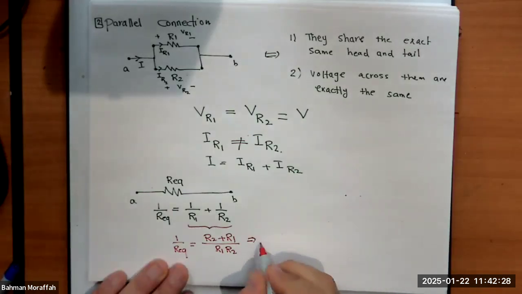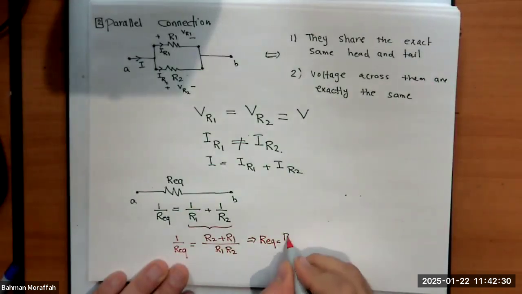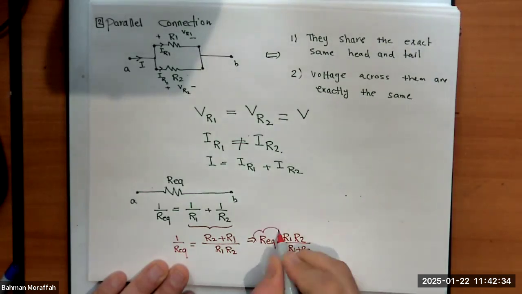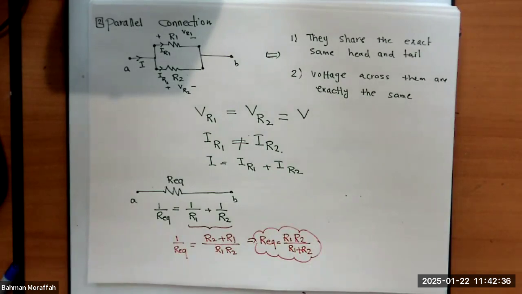From here, I know R equivalent is R1 R2 divided by R1 plus R2. So I can use either this formula or this one. They're exactly the same. But since two resistors are very common and we see them a lot, we're going to simplify it so we know exactly how to compute it.